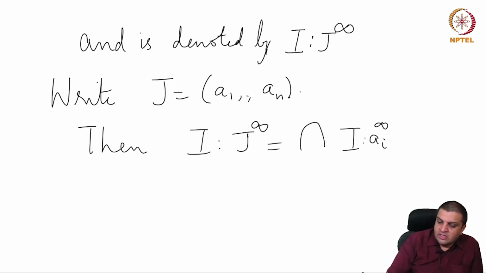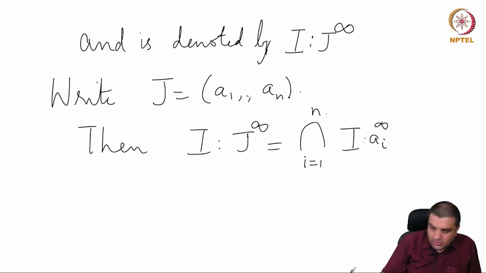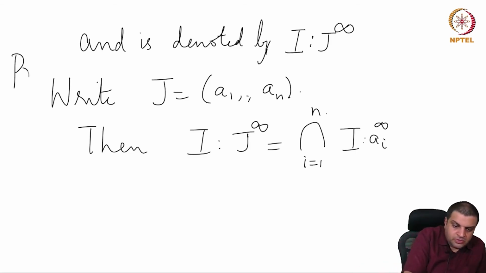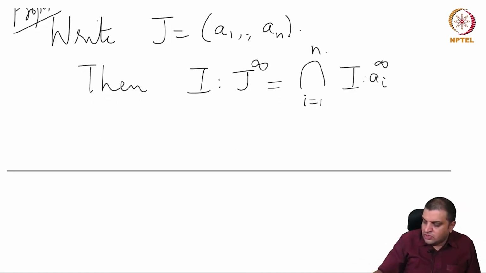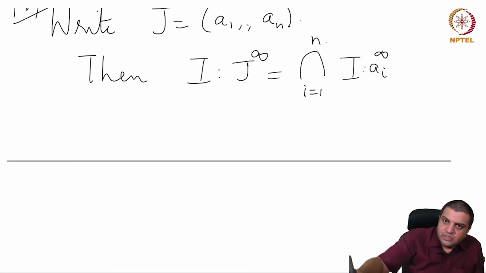This is a notation just when you take a principal element; we'll omit the parentheses. Sorry, I should write proposition. This is convenient because if you have to saturate an ideal altogether, we can do it with one generator at a time.